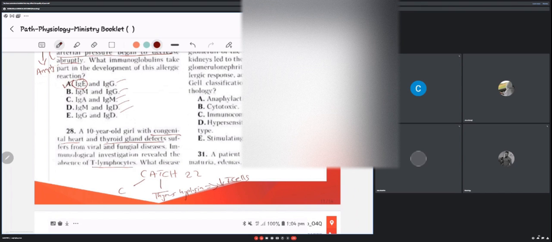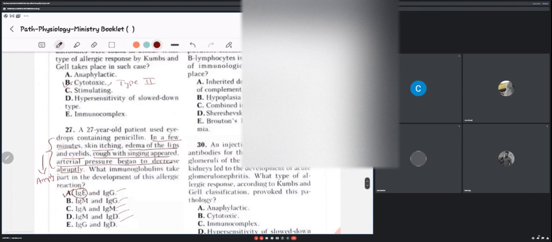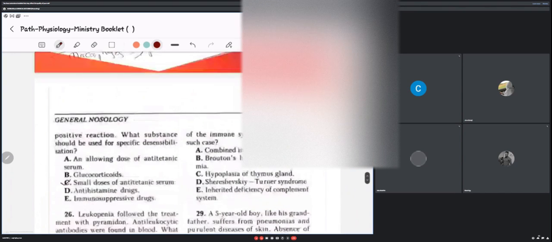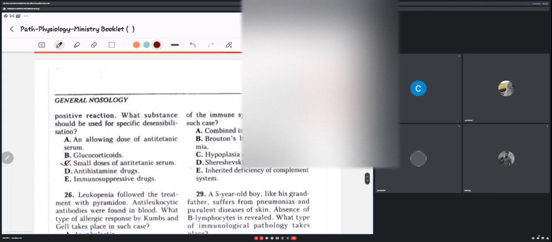But let's see if that's what they're asking. They say, what disease of the immune system takes place in such cases? So here they didn't ask about DiGeorge syndrome directly. They just mentioned one feature of DiGeorge syndrome. Do you understand how this question was twisted? Or do I explain it again?